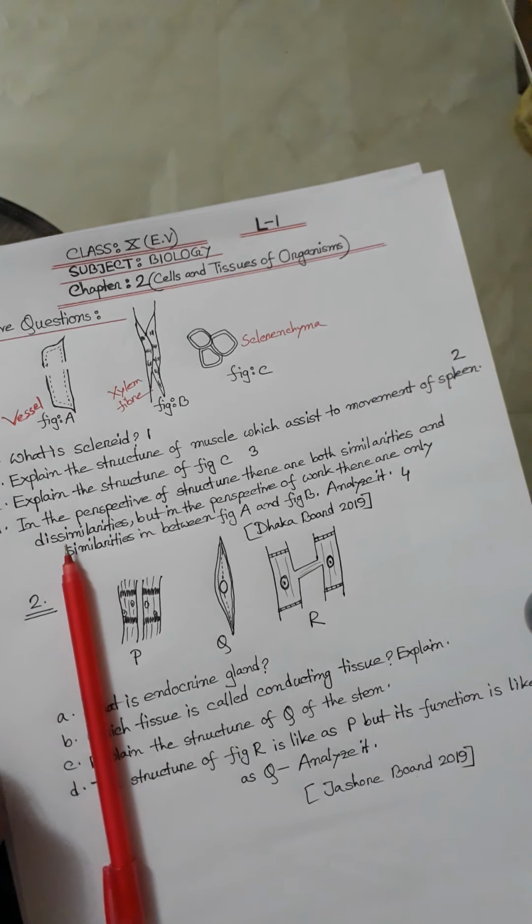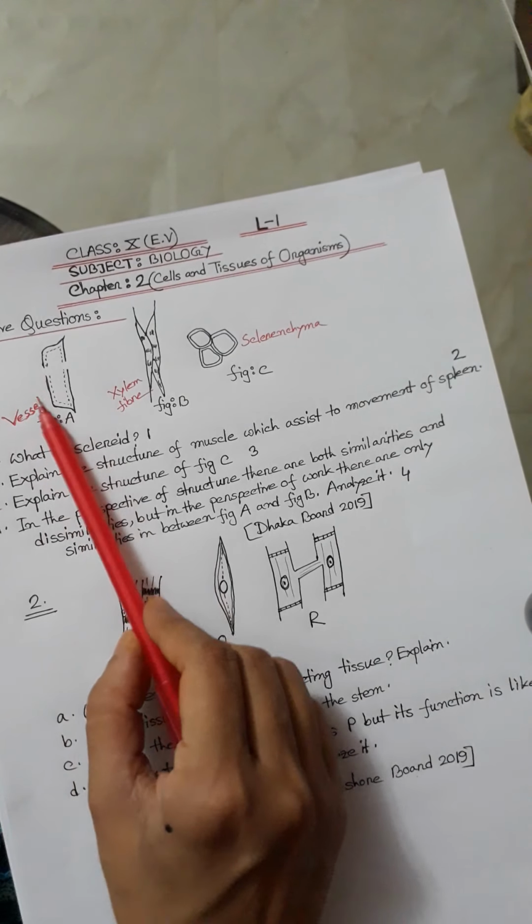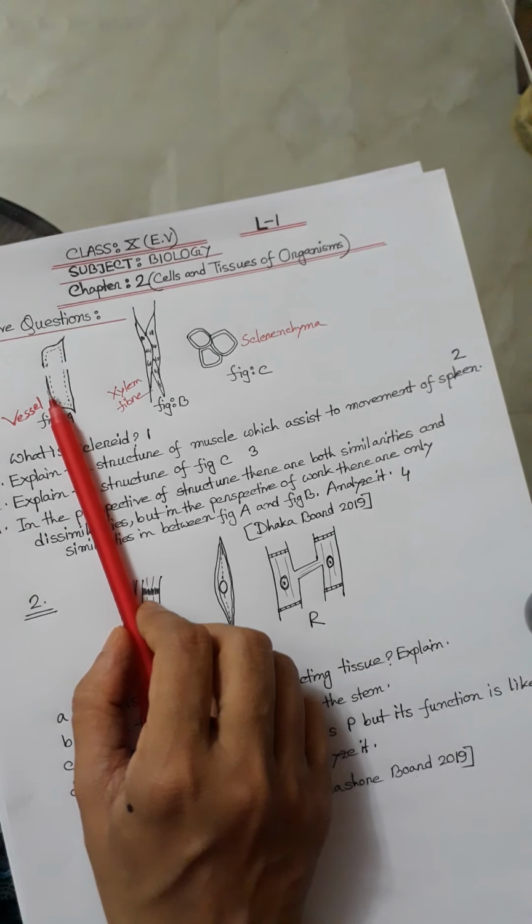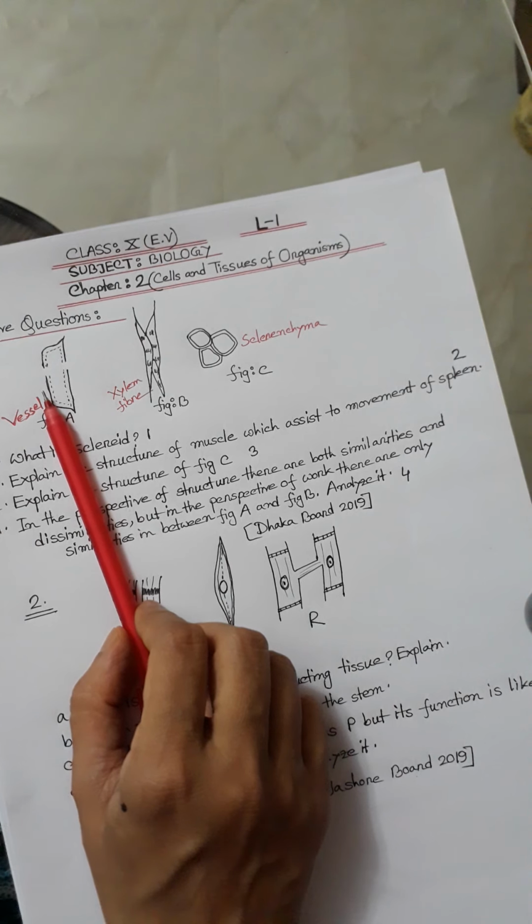What is the structure and function of vessel? First, A. Vessels are short, tubular in structure and are connected from end to end. Vessel cells develop a long tube when their terminal walls are dissolved.